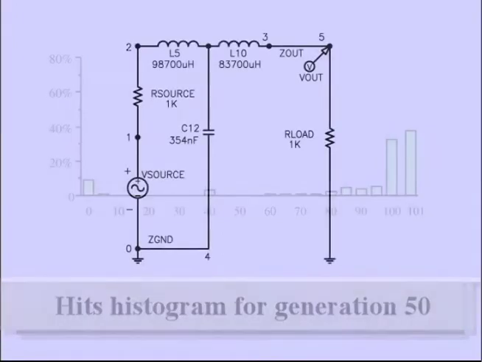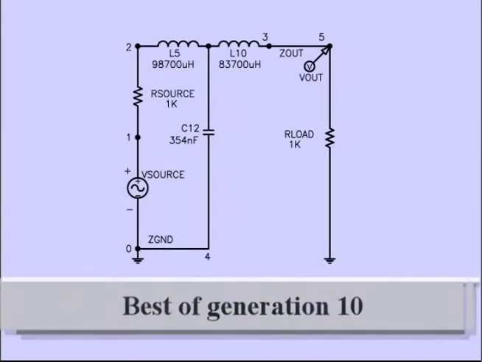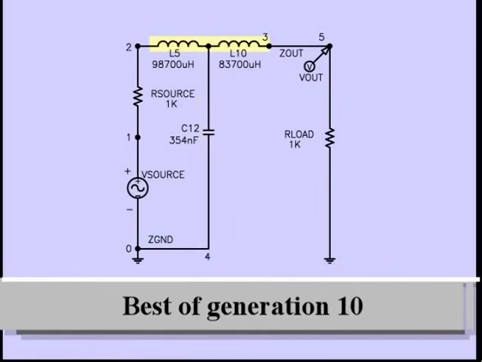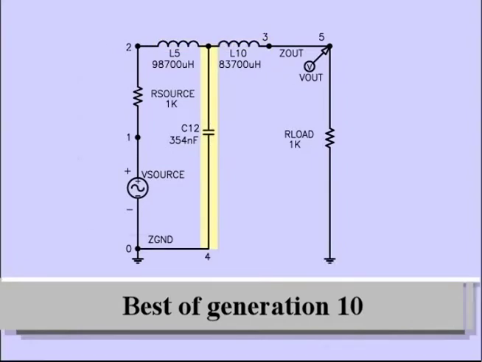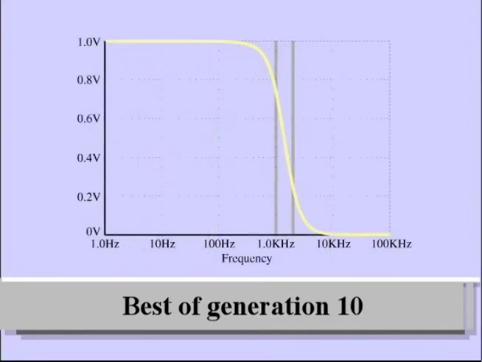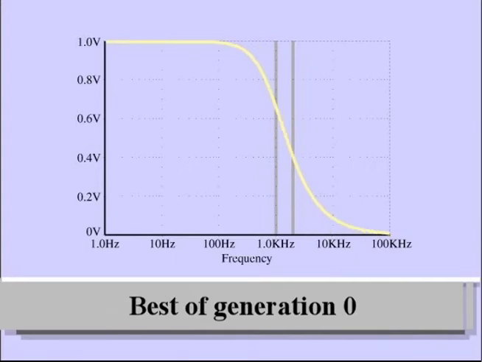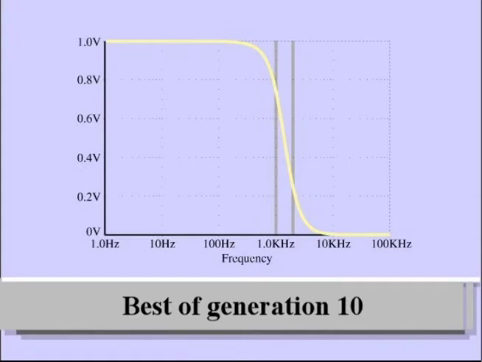The best circuit of generation 10 consists of what is called a T section, containing inductors positioned horizontally at the top of the T and a capacitor vertically. The frequency domain behavior of the best circuit of generation 10 rolls off a little faster than the best circuit of generation 0.